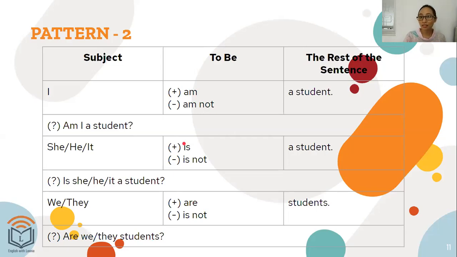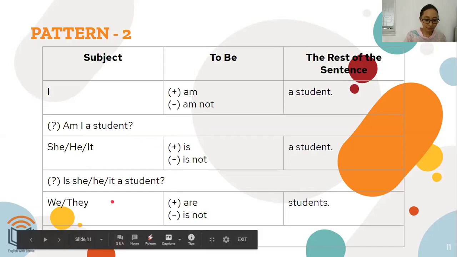He is not a student. It is not a student. And again, to make it interrogative, you move the is to the front. The is at the beginning of the sentence. It becomes, is she a student? Is he a student? Is it a student? Okay.